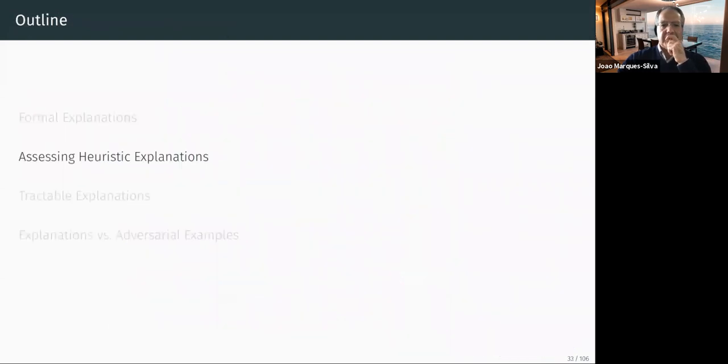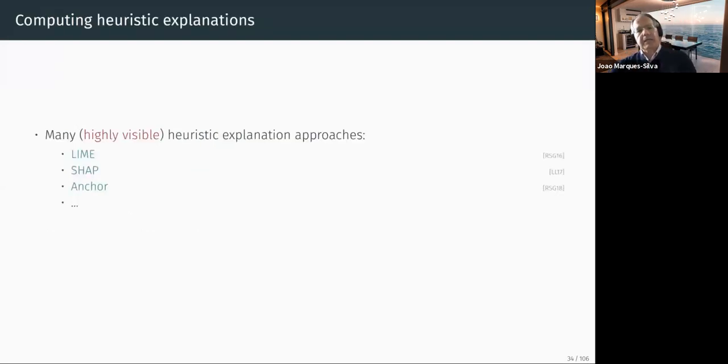Okay, very good. Besides showing that we can compute prime implicant explanations of neural networks, what we did was measure how good heuristic explanations are. Why? Well, if you check the work on these explainer tools, LIME, SHAP, and Anchor, you'll see that they are highly visible.